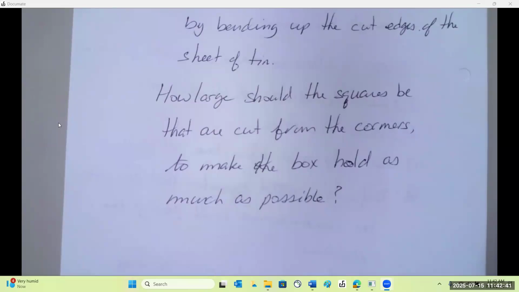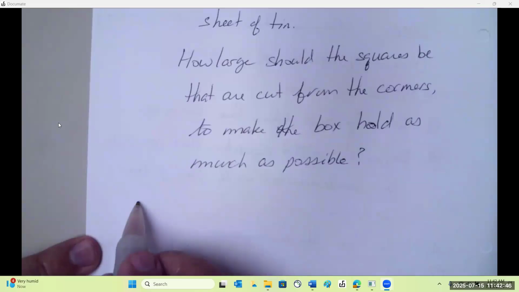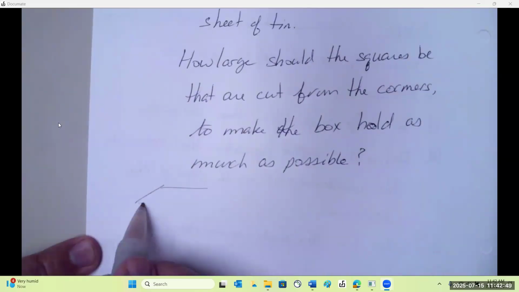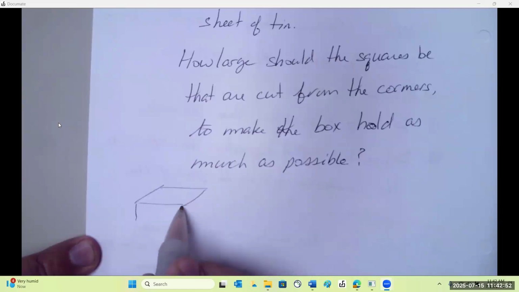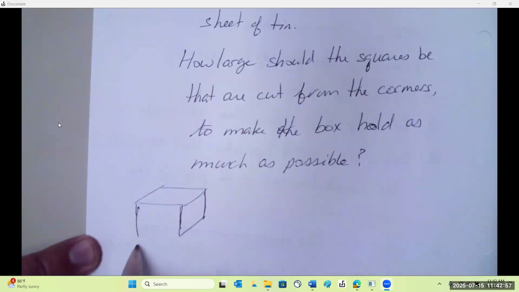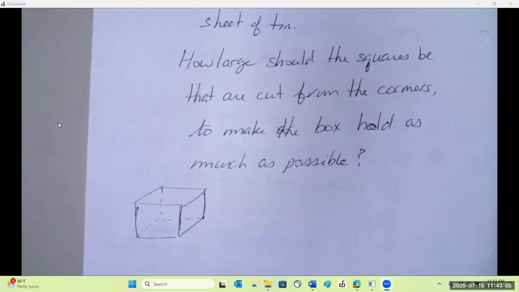Okay. So the first part of it, an open top box is to be made. So an open top box. This is what an open top box looks like to me. Is to be made by cutting congruent. What does congruent mean? Same.